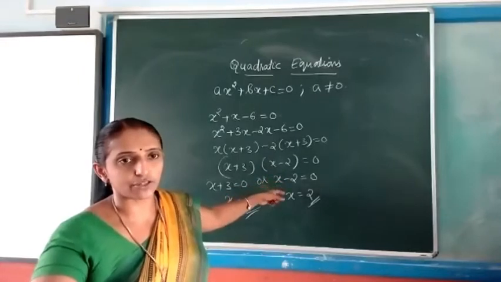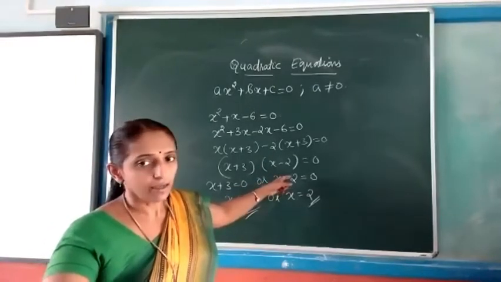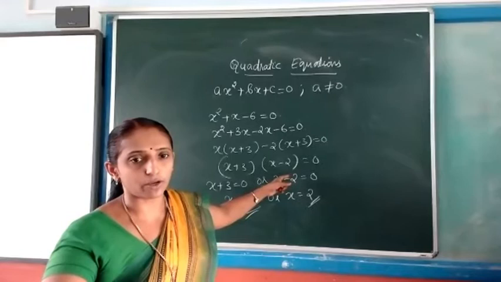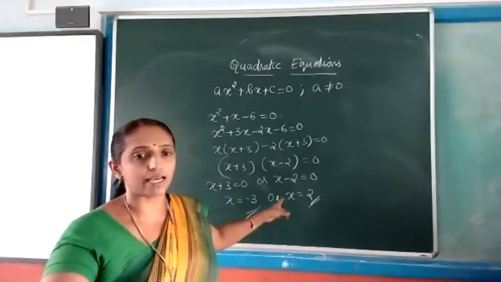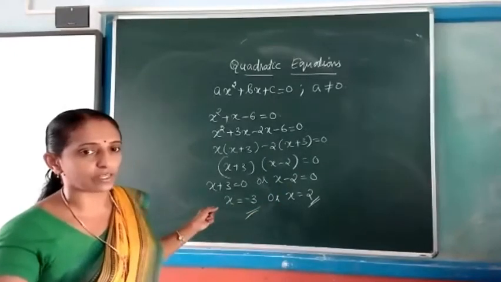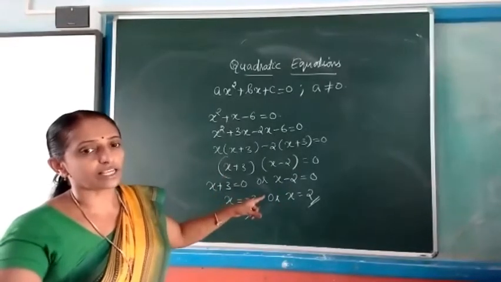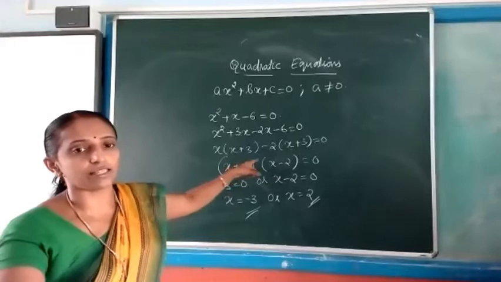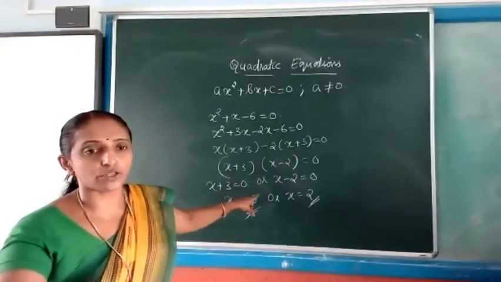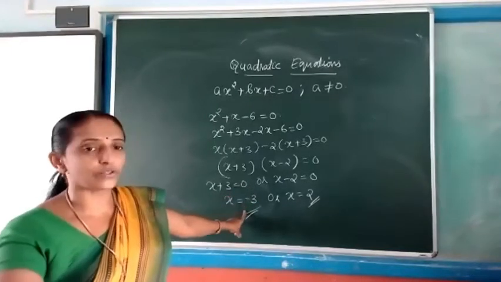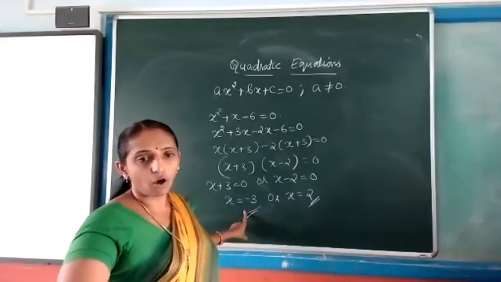After splitting it, you will get the two factors. Because product of two factors equal to 0 implies that one of the terms, either x plus 3 equal to 0 or x minus 2 equal to 0, then only the product comes to 0. So finally you are getting two values for x. These two values are the solution of x.